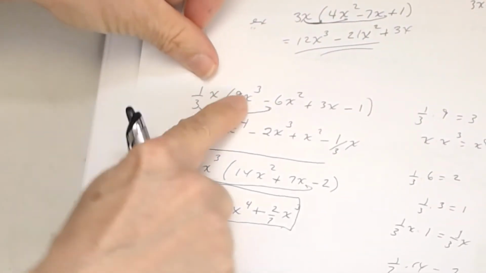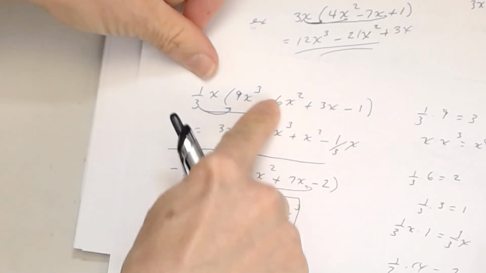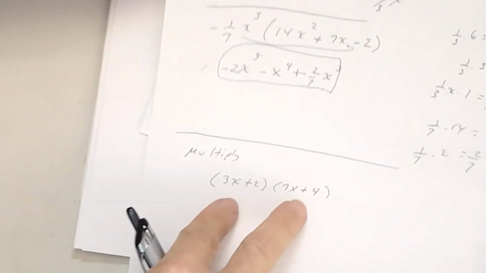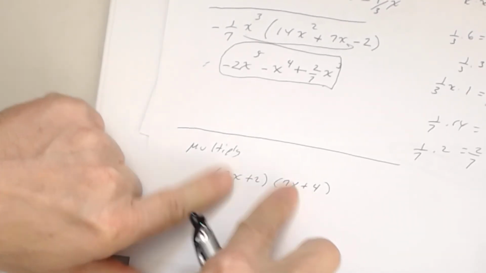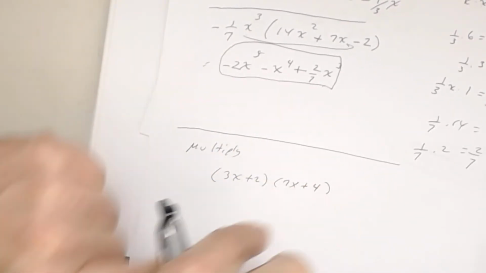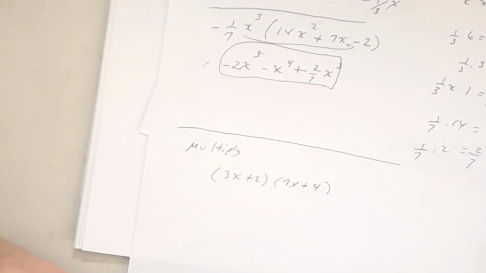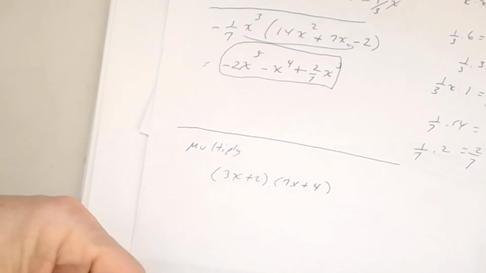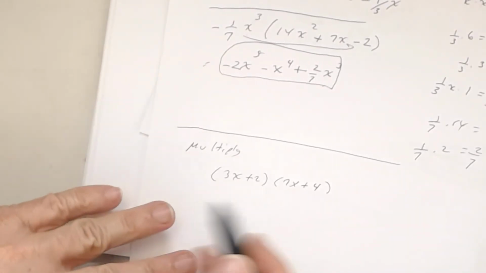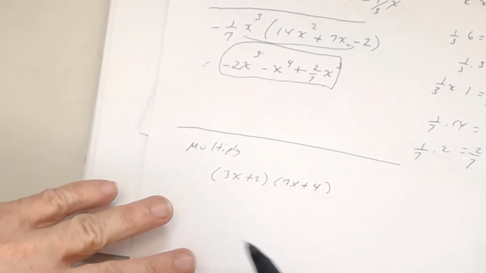So you had a polynomial times a polynomial. Here, you are multiplying polynomials, except they're both what? Binomials. So the quickest way to multiply two binomials is to use the FOIL method. The FOIL only works when you're multiplying two binomials.